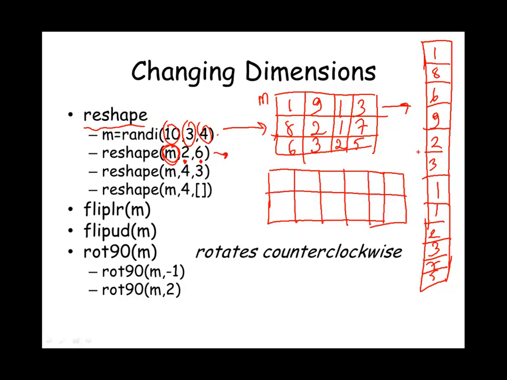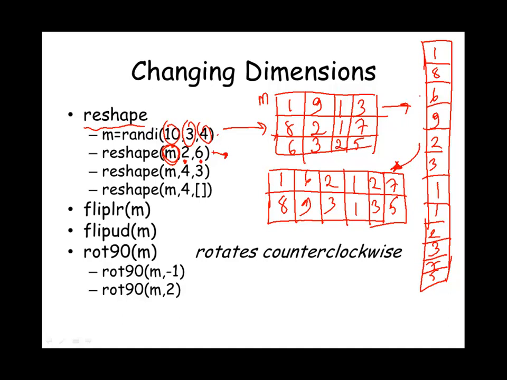So reshape will essentially take the linear representation of your matrix and fill in this new matrix column by column. So 1, 8, then 6, 9, followed by 2, 3, followed by 1, 1, followed by 2, 3, and followed by 7 and 5.